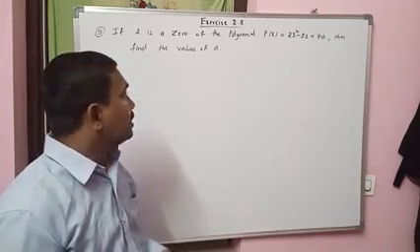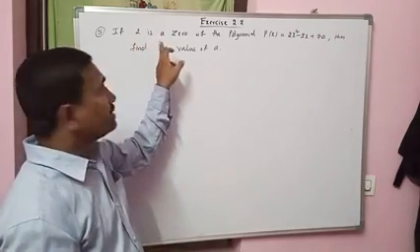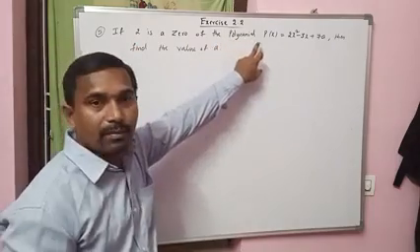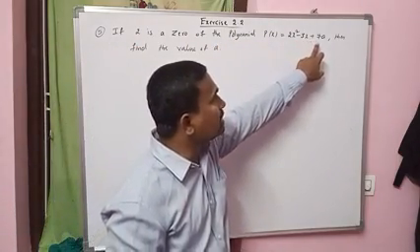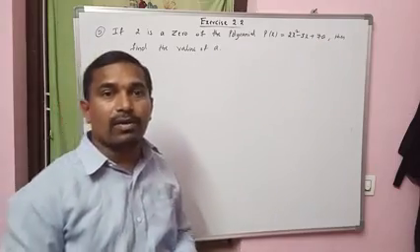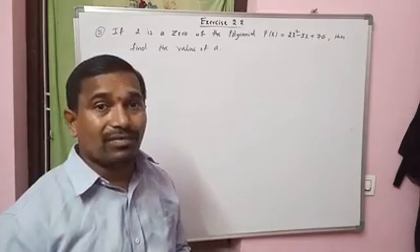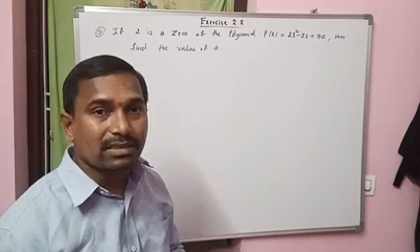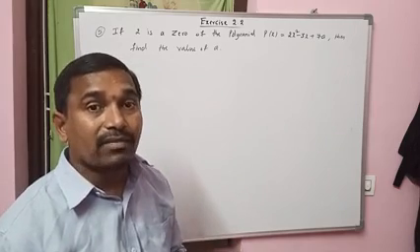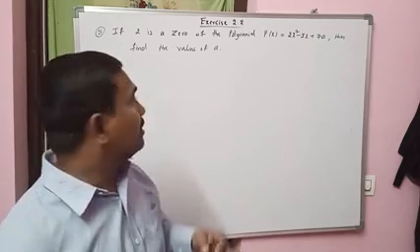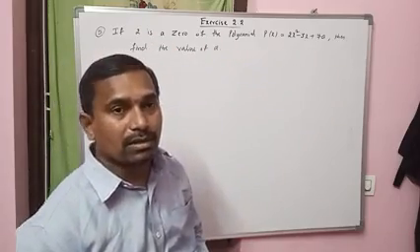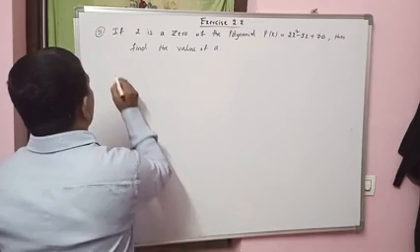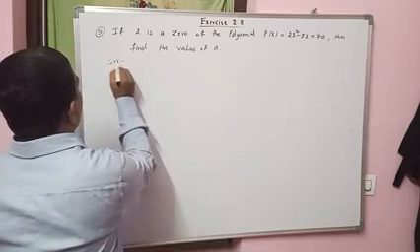Here, if 2 is a zero of the polynomial p of x equal to 2x square minus 3x plus 7a, then find the value of a. What is asked here? Find the value of a. What is given? 2 is a zero of the polynomial. So, what is the meaning of zero of the polynomial?